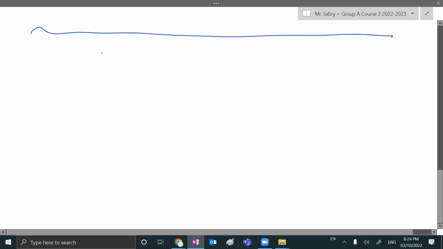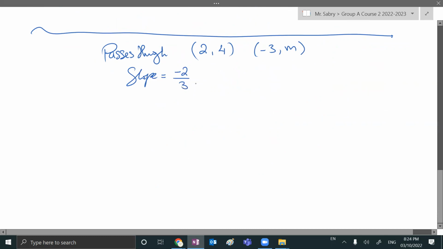Let's say you're given in a question that a line passes through (2, 4) and (-3, m), and you're told that the slope of this line is -2 over 3. You're asked to find m.